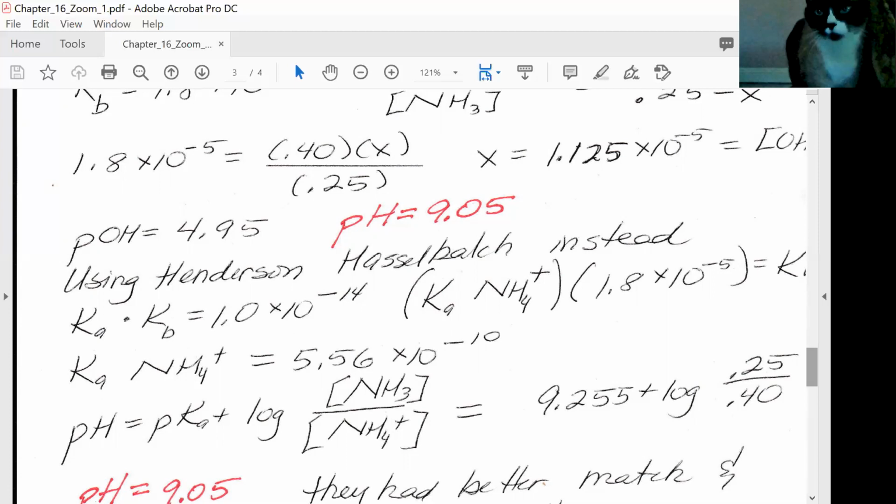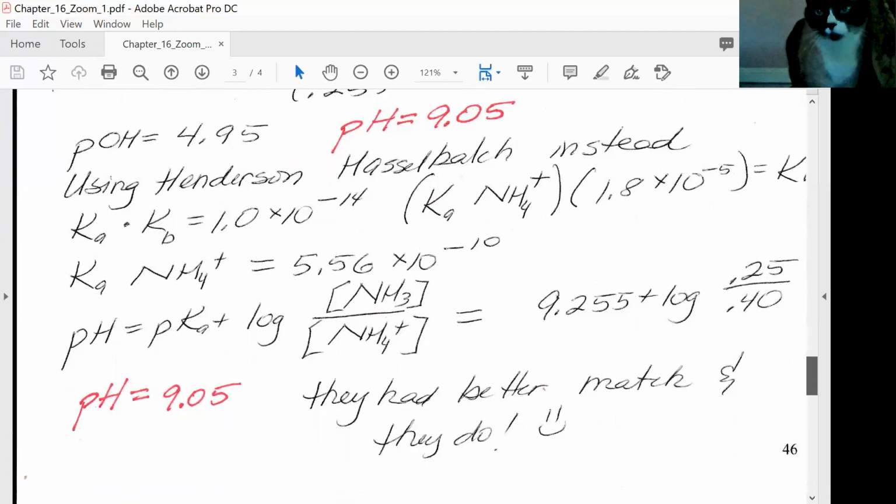Now we'll use the Henderson-Hasselbalch equation instead. Okay, this is a base. Remember, Ka times Kb equals 1.0 times 10 to the minus 14. We were using ammonia in our reaction here.